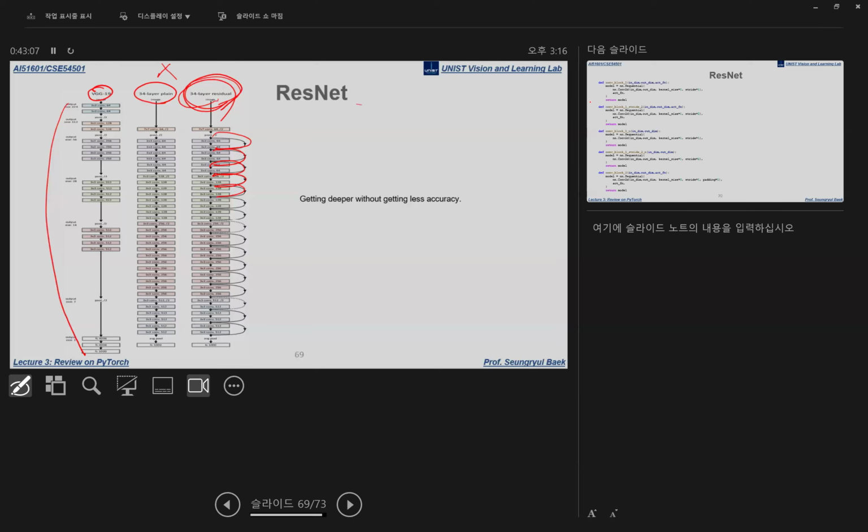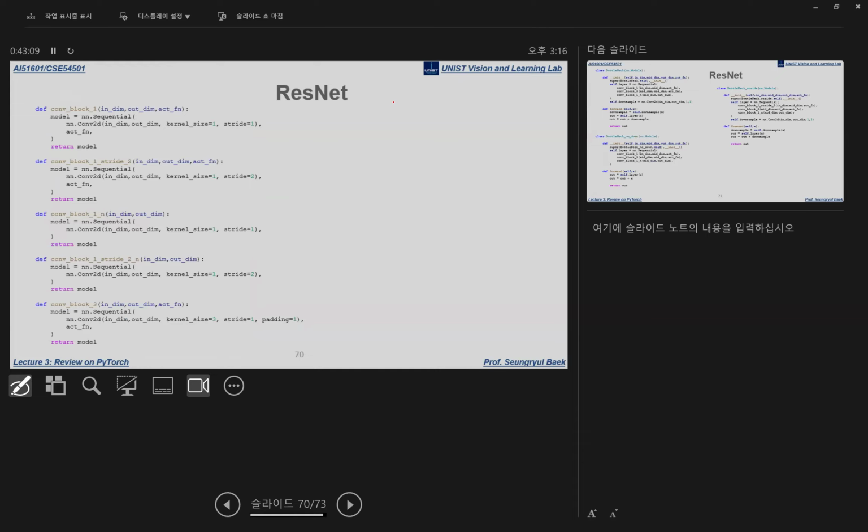That's the ResNet. And if you see this code, this is the code for implementing ResNet. So they are implementing multiple convolutional layers, but having different strides.